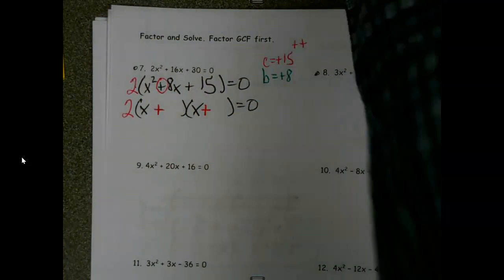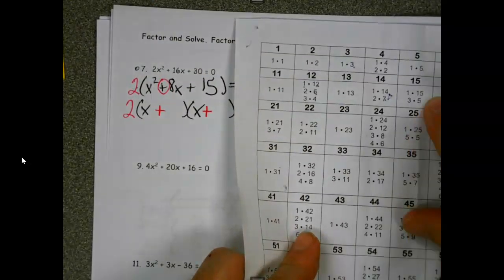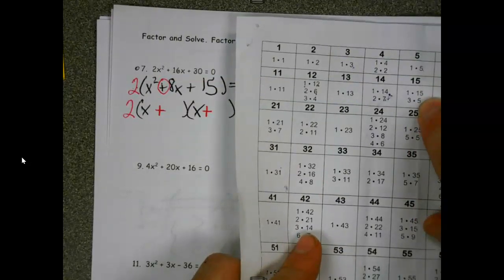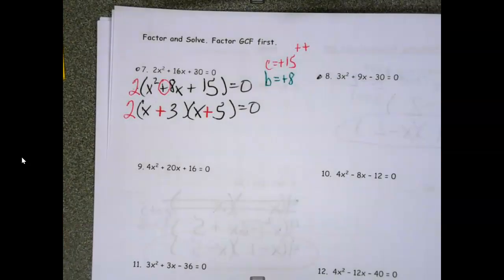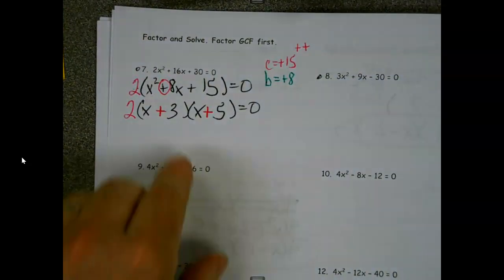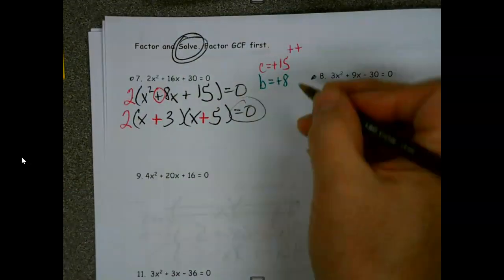Multiplies to 15 and adds up to 8. That ain't adding up to 8. That is, though, 3 and 5. If we were just factoring, we'd be done. That'd be perfect, but it says solve, and there's an equal 0 right there. So we're going to finish this off.